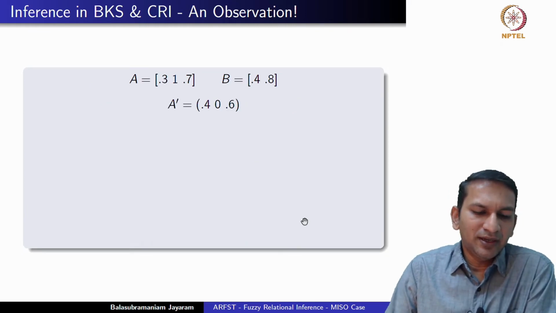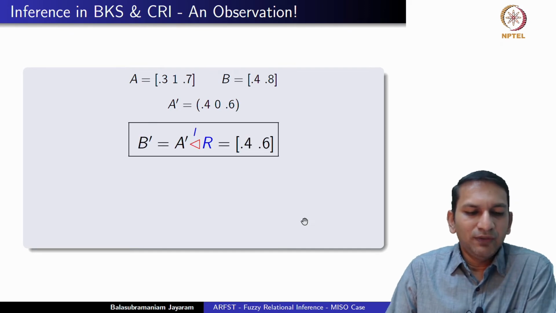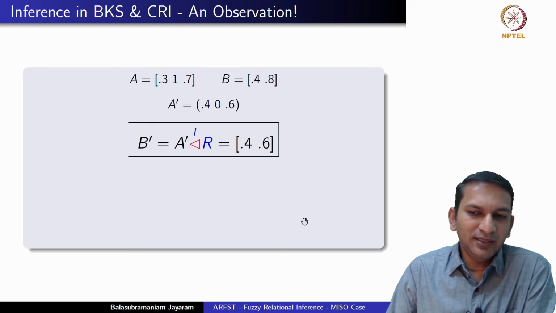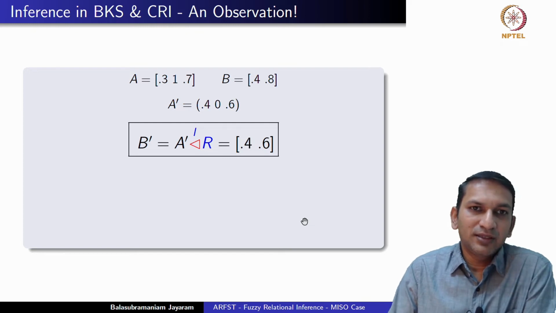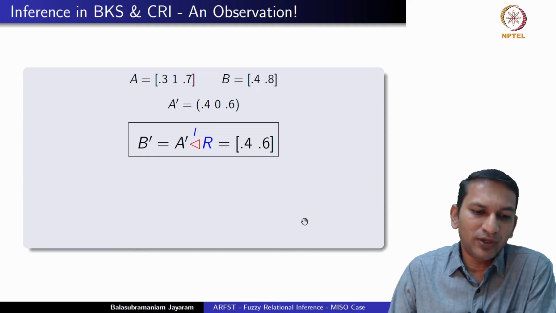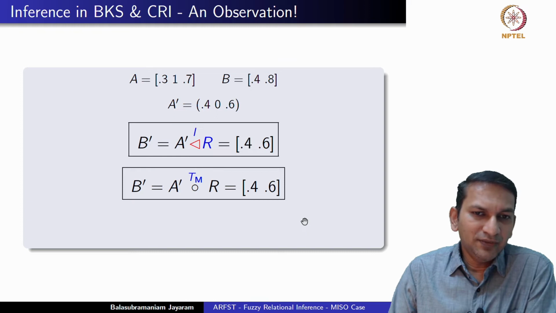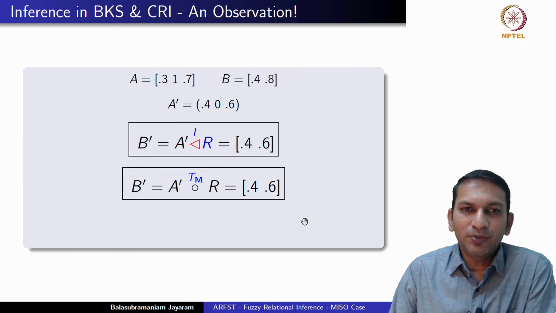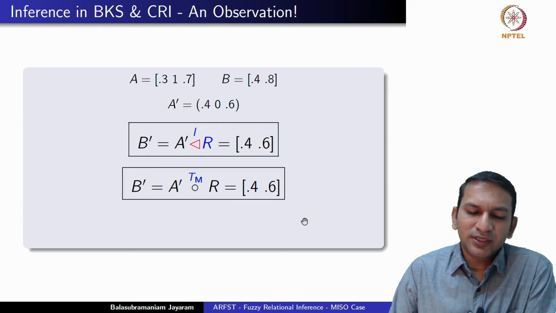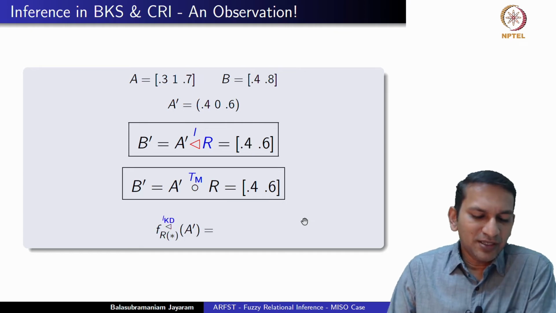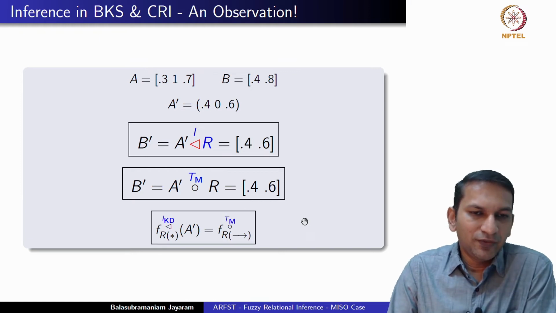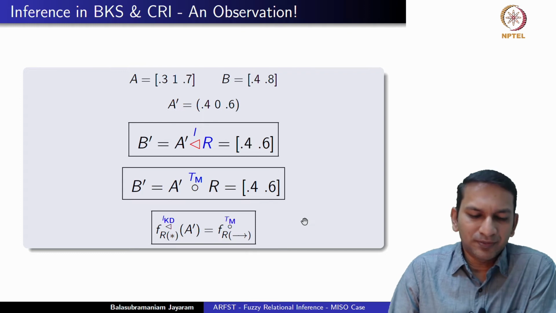We are given A, B and an A dash, and now when we used BKS with the Kleene-Dienes and obtained the relation from T0, especially the min, we saw that this was the output we got. And when you use CRI with sup-min composition and obtain the relation from the rule using the Gödel implication, we saw that this is essentially the same output that we have got. So it appears that for this A dash, from two different inferences, we are actually obtaining the same output.